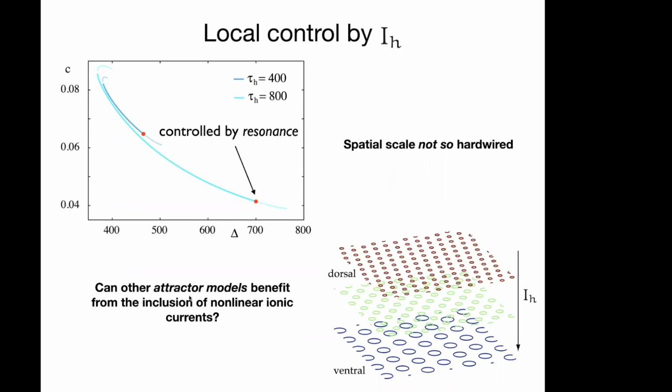And bump attractors seem to be very pervasive. Periodic patterning is now pervasive for the grid cell story. Maybe there's other dynamical patterns that can be used in neural computation that benefit from the inclusion of the nonlinear ionic currents. I've just talked about 2 of them here of the rebound type, but we know, of course, there's the classic zoo of ionic currents that we should be interested in.